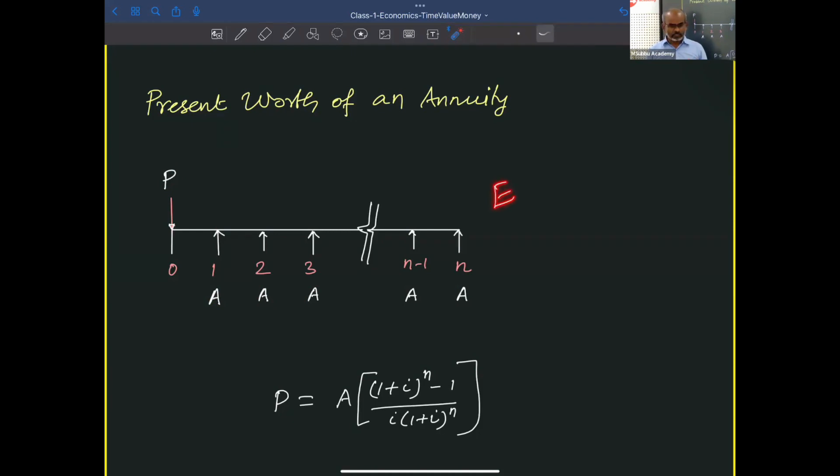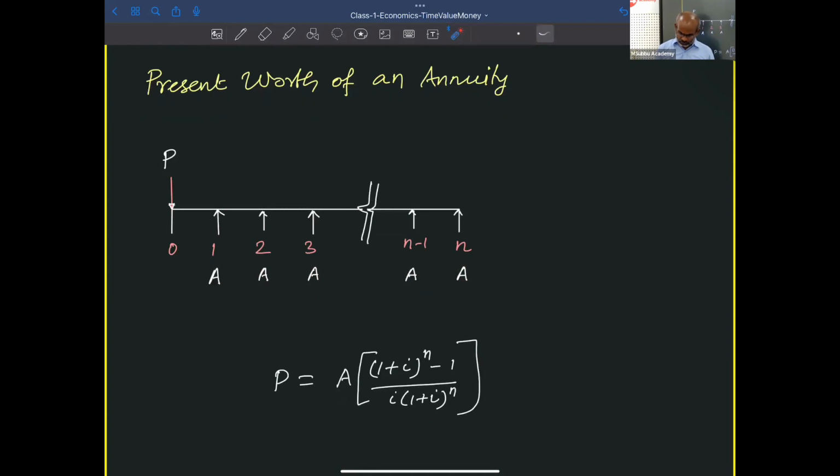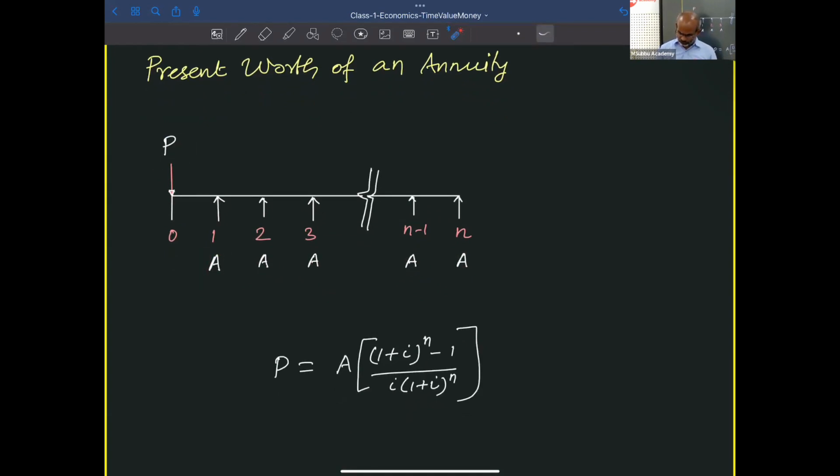EMI refers to equated monthly installment. Of course, here we simply call N the years. Otherwise, at the end of every year, we are repaying an amount of A uniformly.